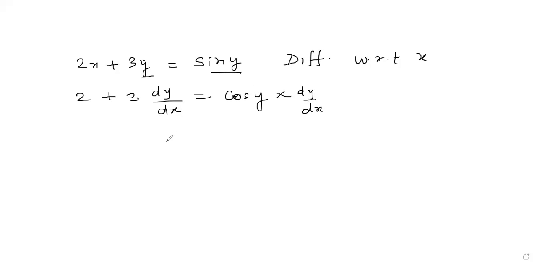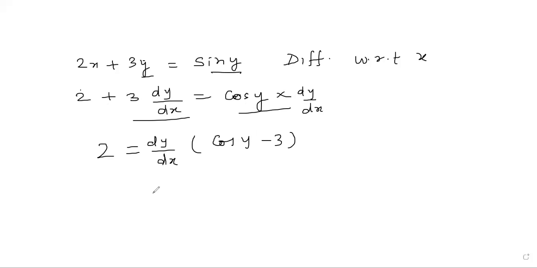Our purpose is to get dy by dx. So we can shift this term to RHS, keeping 2 in LHS, so 2, and then dy by dx can be taken common. So cos y minus 3, from where dy by dx will be equal to 2 upon cos y minus 3.